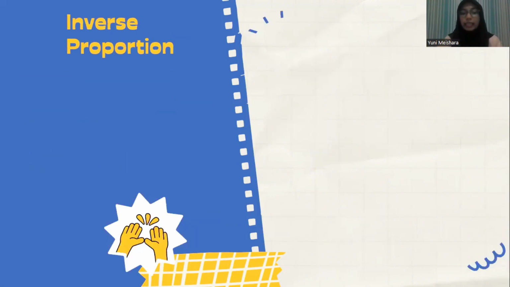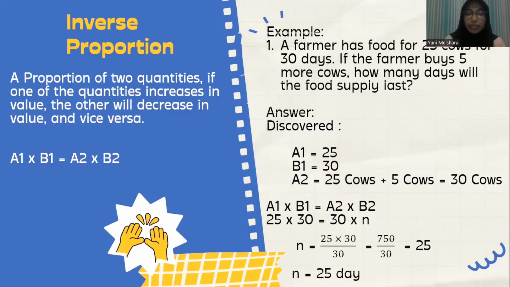Okay, next there is inverse proportion. A proportion of two quantities where if one of the quantities increases in value, the other will decrease in value, and vice versa. A1 times B1 equals A2 times B2. Example: a farmer has food for 25 cows for 30 days.